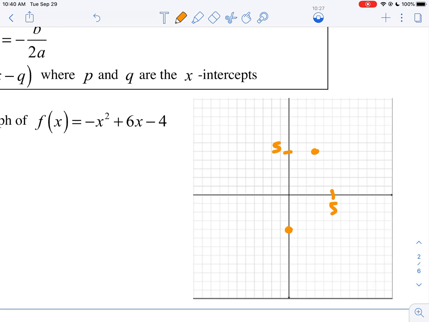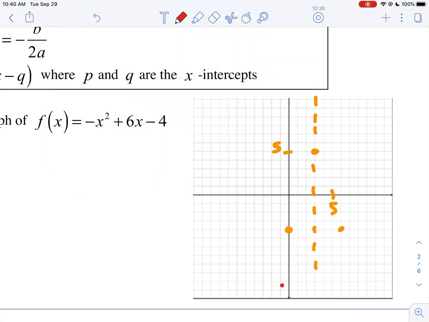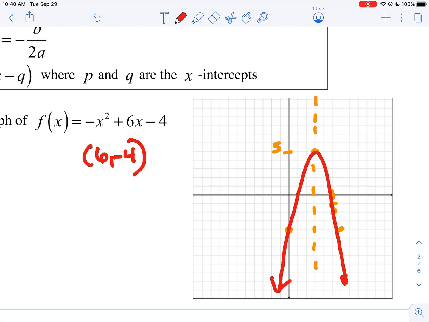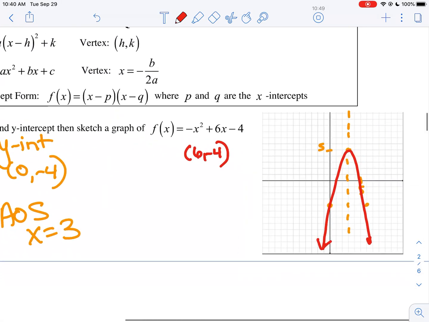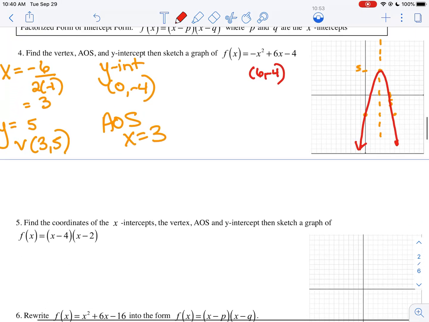All right, so if I have my axis of symmetry, then I have another point that is 3 units away, like this, okay? There we go. So then that other point is actually 6, negative 4. And if you wanted to find the x-intercepts, just use your calculator and it'll find it for you.